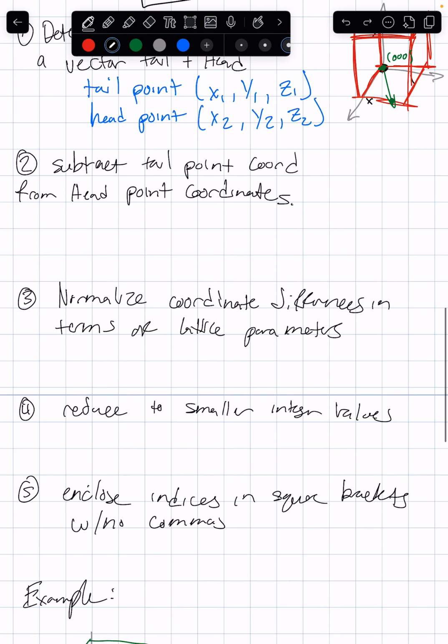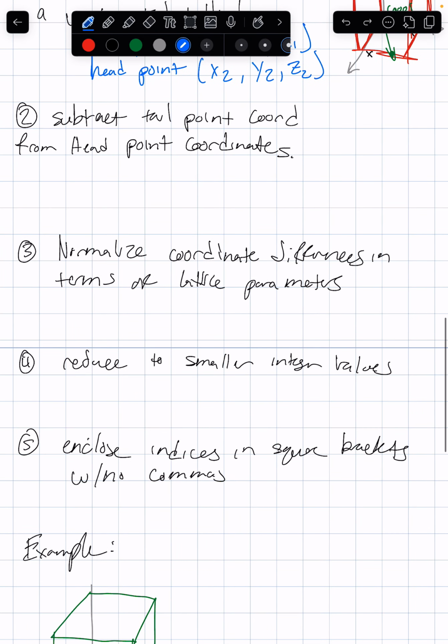Next, you are going to subtract the tail point coordinates from the head point coordinates. What this means is that you are going to compute the differences. So we're looking at x2 minus x1, y2 minus y1, z2 minus z1.